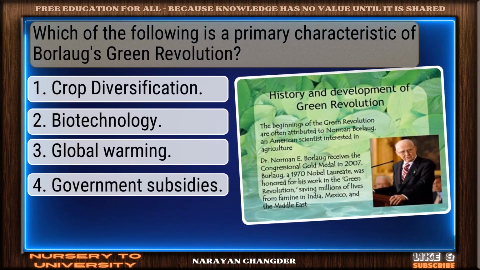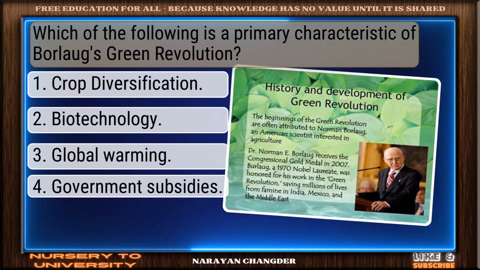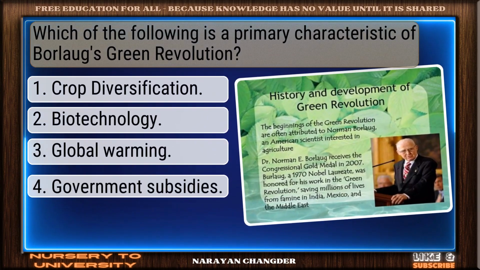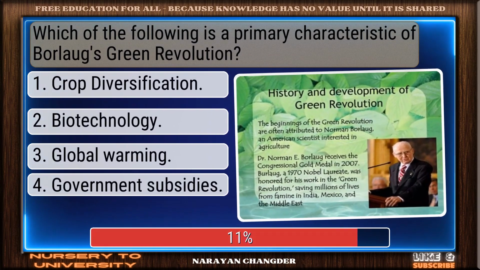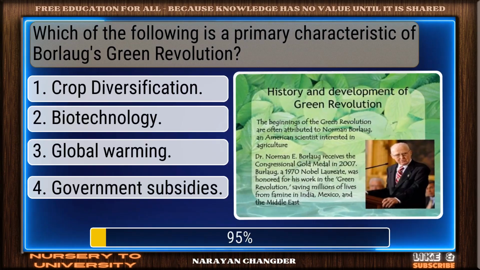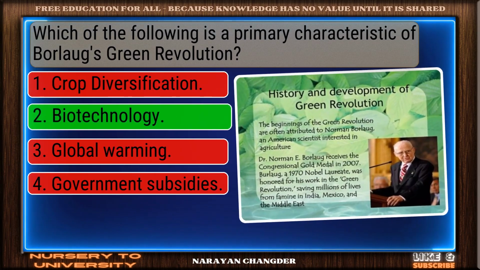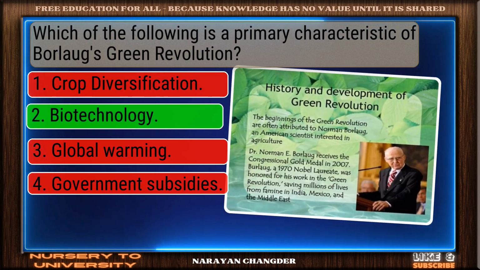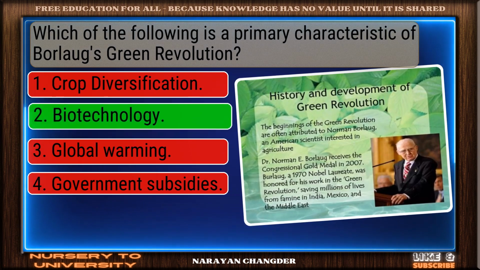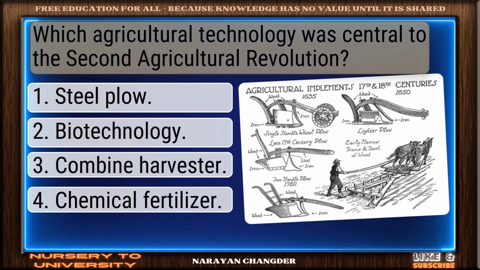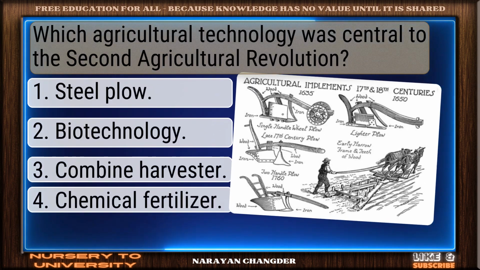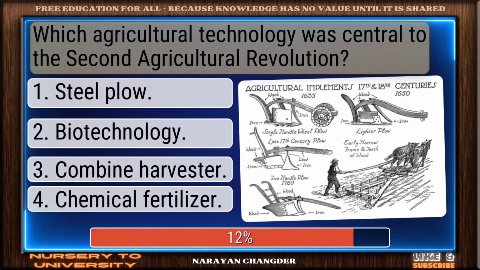Which of the following is a primary characteristic of Borlaug's green revolution? Nice selection. Biotechnology is the correct and valid answer. Which agricultural technology was central to the Second Agricultural Revolution?